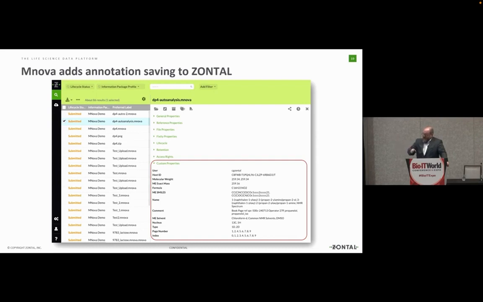So we have the full workflow mapped inside ZONTAL, and we have this aspect of data preservation also with the original files. So everything is in this Allotrope, usually in the Allotrope standard file, where we capture the metadata, the data cubes, and the original files all in one system.